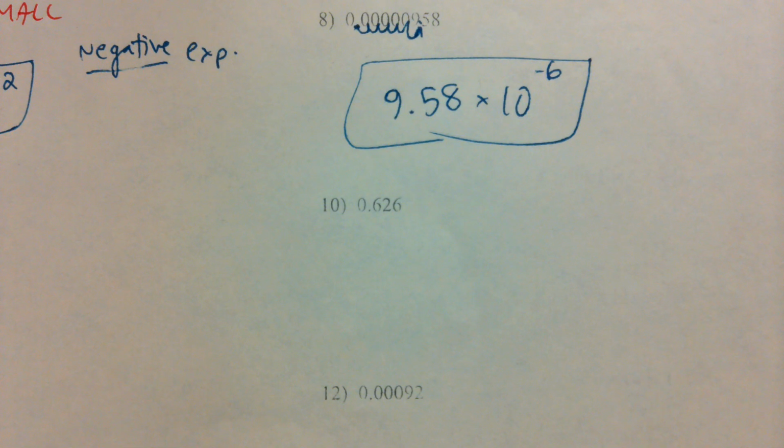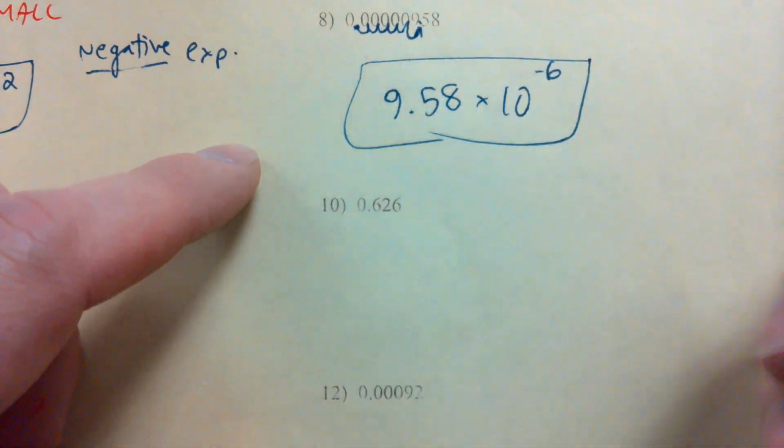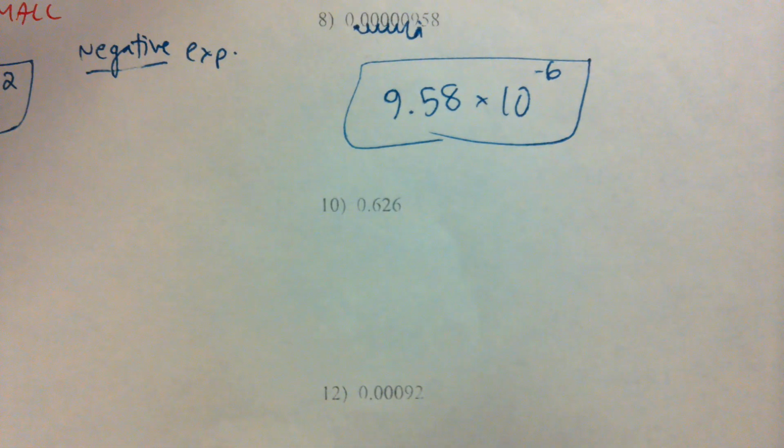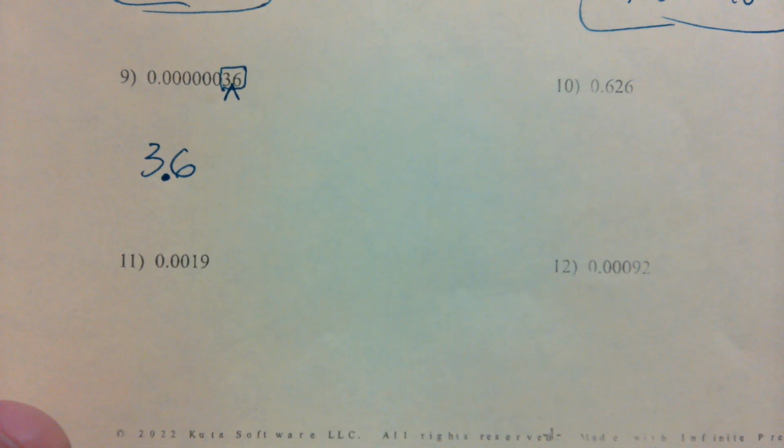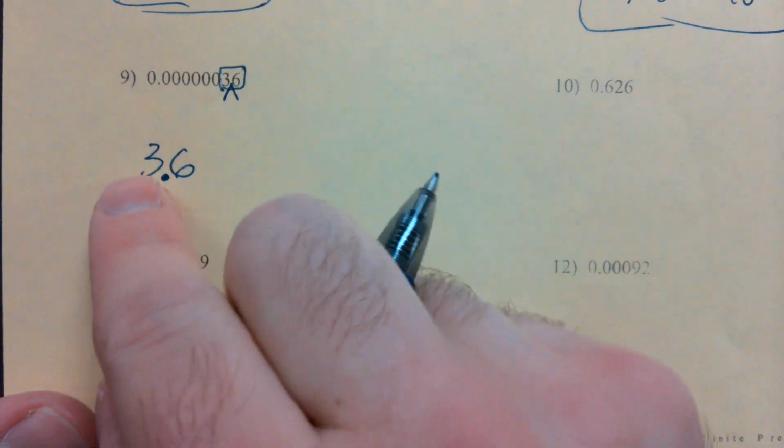Okay. Now, if you're having trouble figuring out where am I supposed to put my decimal, I thought it was supposed to go in between the 5 and the 8. Here's a different way to look at it. Take any number that is not 0. So in number 9, we've got 36. We'll rewrite it out. Where does the decimal need to go in this number for it to be in between 1 and 10? Right there, in between the 3 and the 6, right? That's how we know, boom, that's where I'm going to draw my little arrow. Not sure if that helps, but it's a different way to think about it.